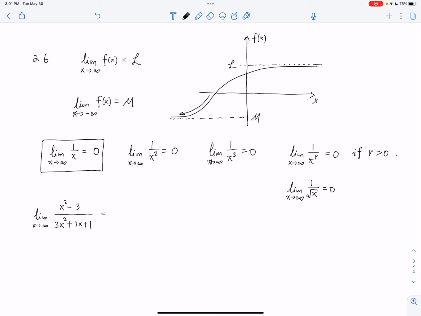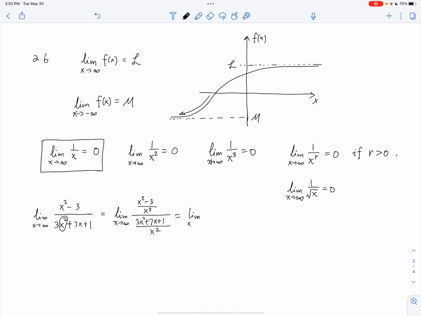So what you do is you should divide by the highest power in the denominator for x. So in that case, we should divide by x squared everywhere. That means you have x squared minus 3 over x squared, and 3x squared plus 7x plus 1 over x squared.